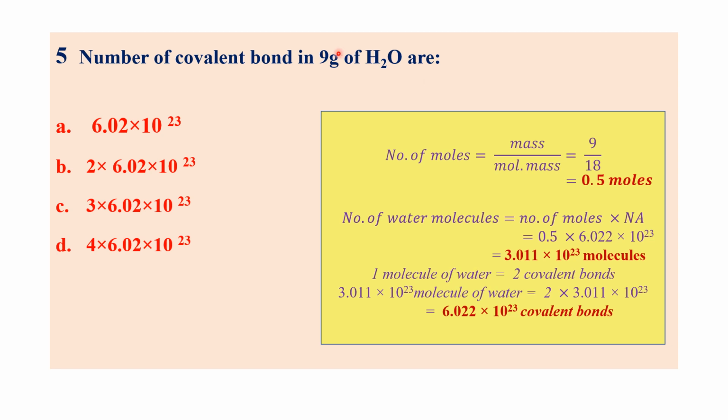The number of moles is equal to mass divided by molar mass. Mass is given in the question, that is 9 gram of water, and 18 is the molar mass of water. So we will get 0.5 moles.